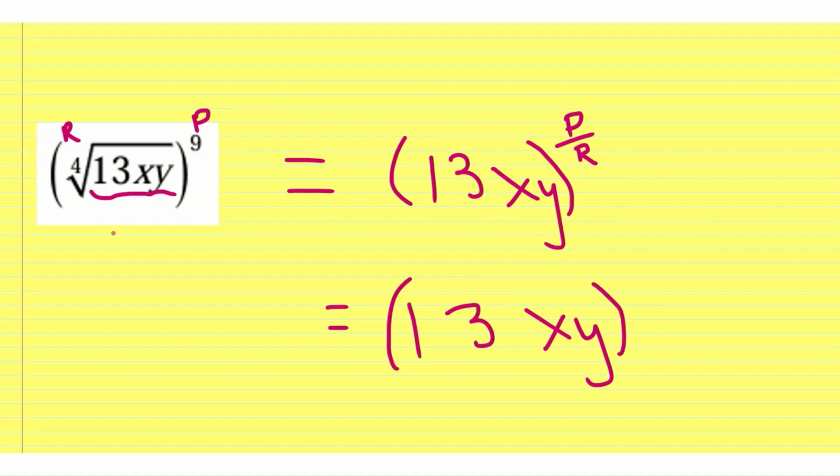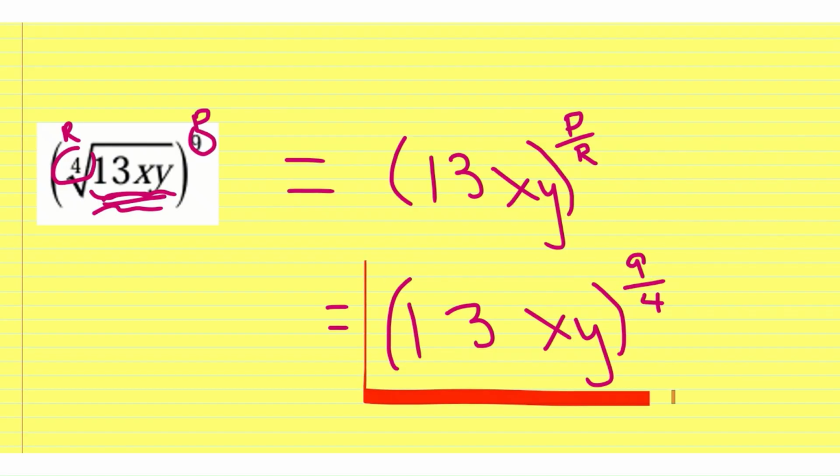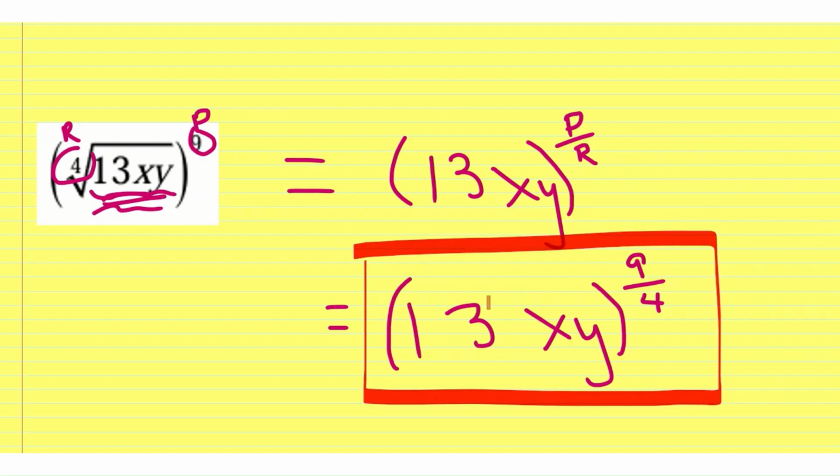All of that, because it was all under the radical. So it all needs to be in parentheses because the root affected everything, and this power affected everything. So let's put it in parentheses. My power is 9, and my root is 4. And now I am finished. That is the conversion from the radical form to a rational exponent.